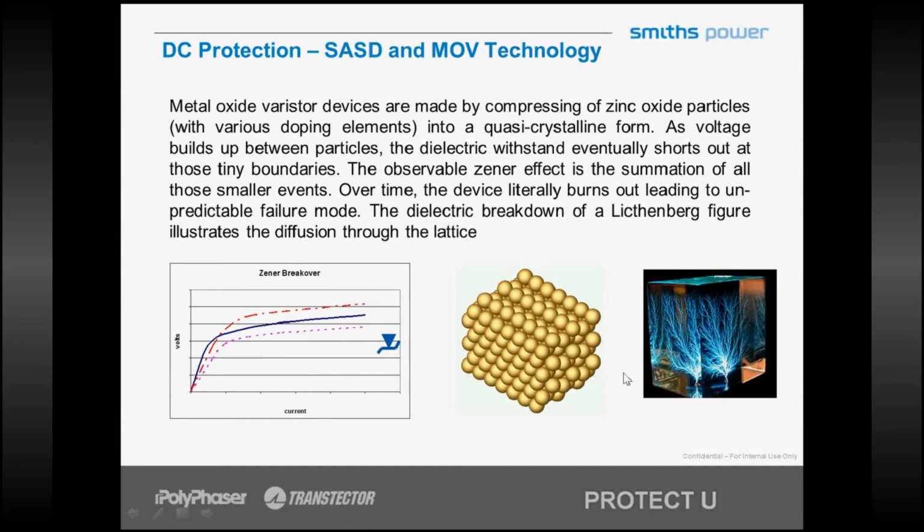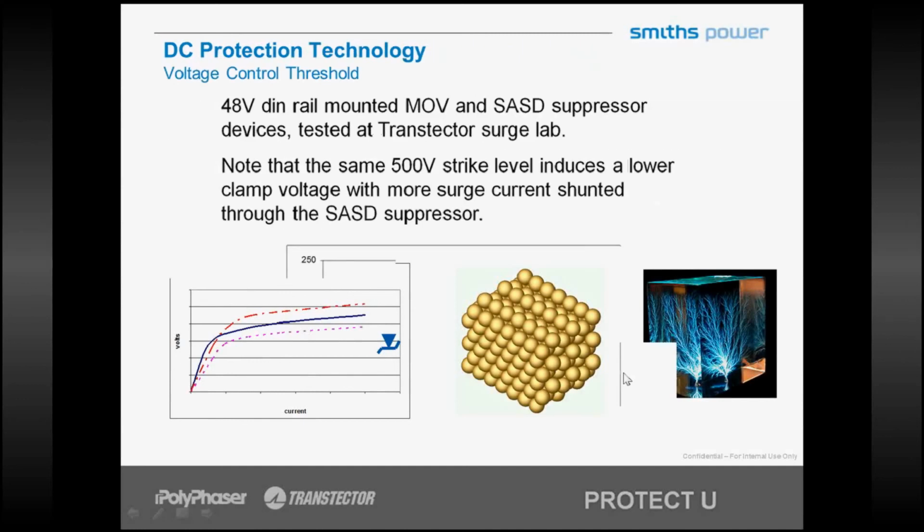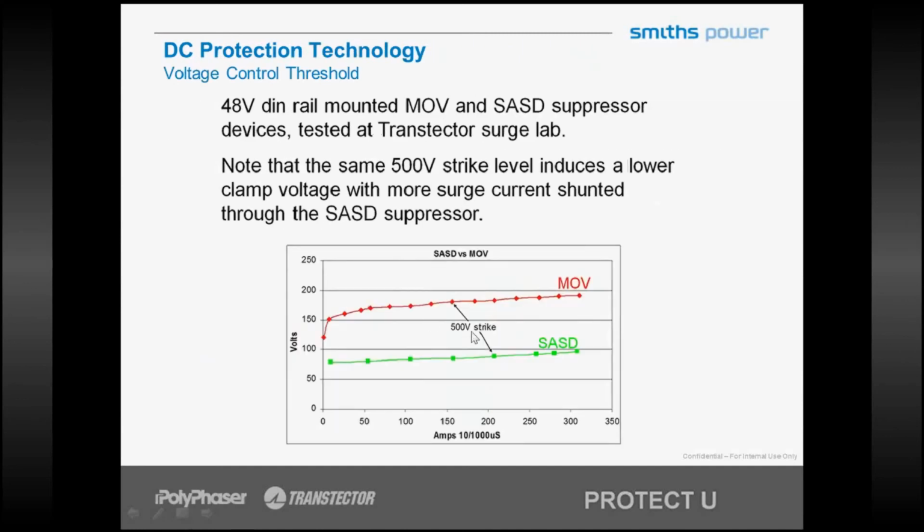What you see as a comparison technology is silicon avalanche will hold the same 500 volt strike lower in voltage than a metal oxide varistor if it saw the same 500 volt strike. More voltage gets past the metal oxide generally, and our product line is intended to provide those advantages for those applications where voltage control is so critical, like in DC power applications.